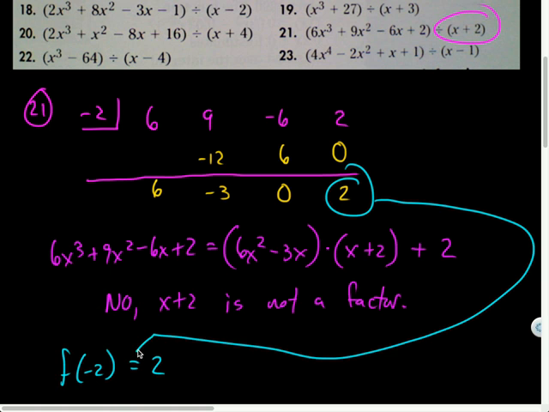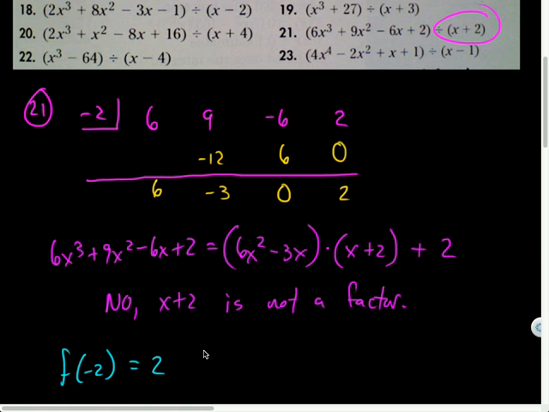That was the cool property that we learned yesterday, the remainder theorem, that the remainder is equal to f of a. Instead of doing direct substitution and plugging 2 in for all of the x's in this function, I can just do synthetic substitution and steal the remainder.